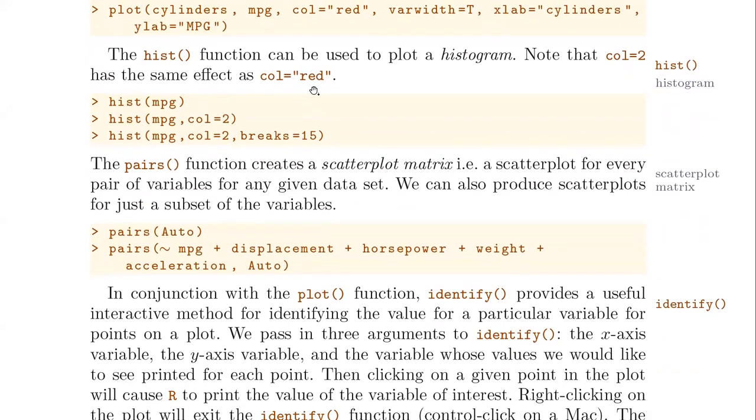The hist function can be used to plot a histogram. We've been using this over and over. Note that color equals 2 has the same effect as color red. So let's take a histogram.